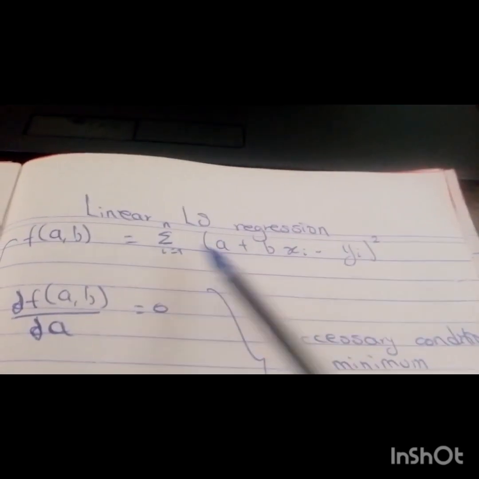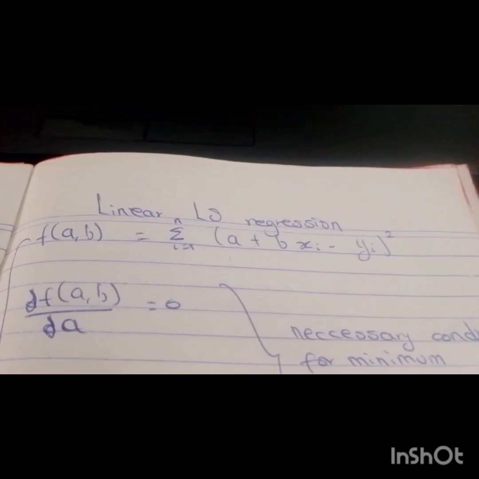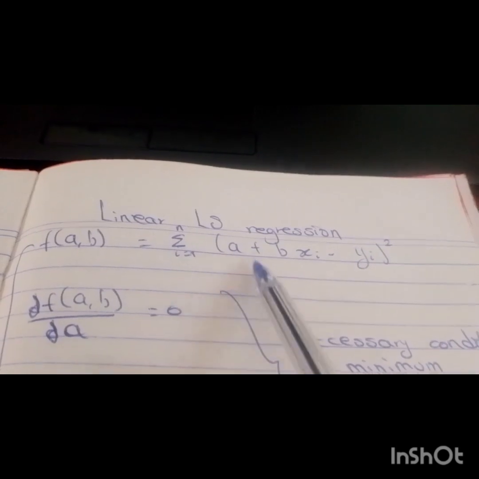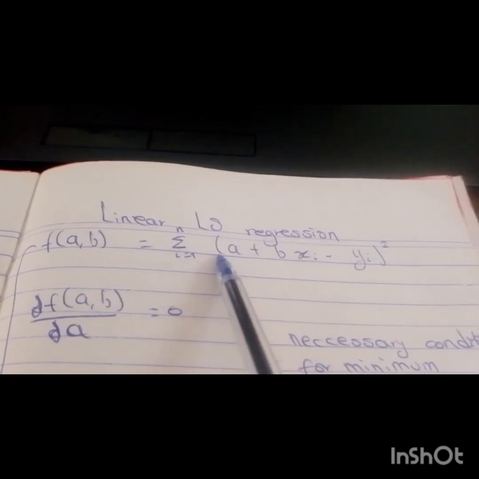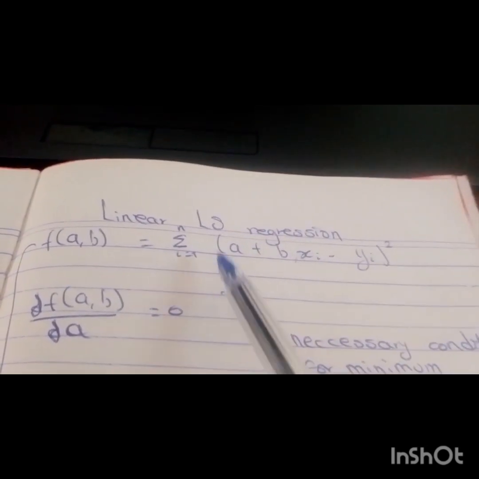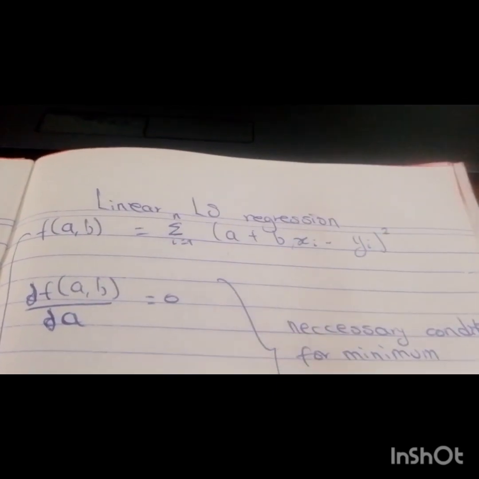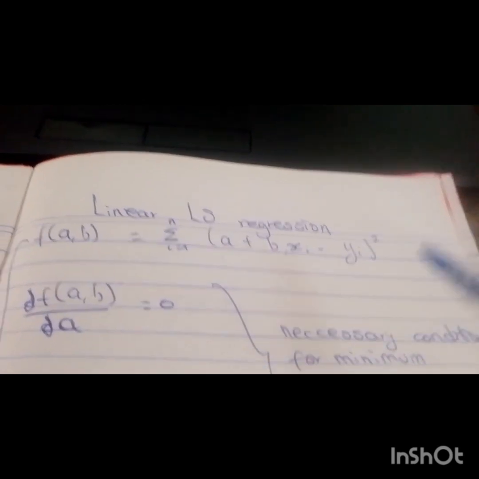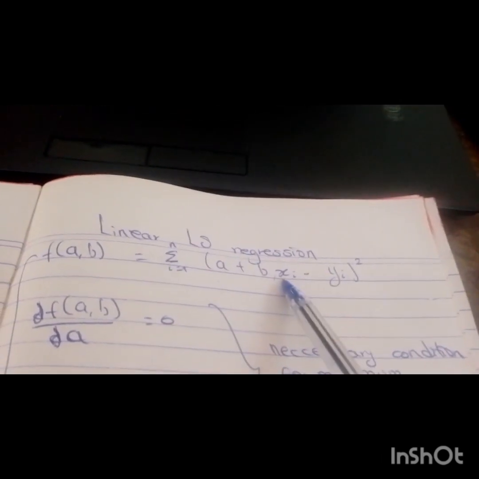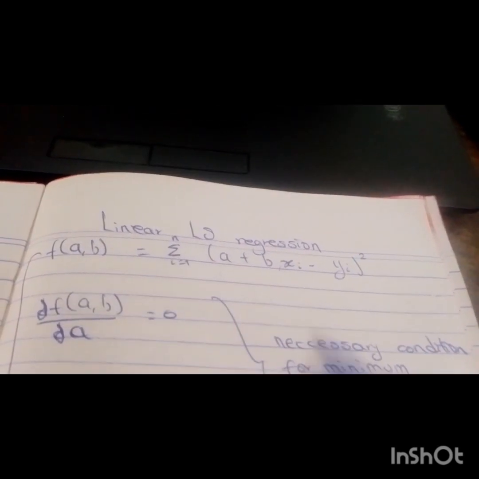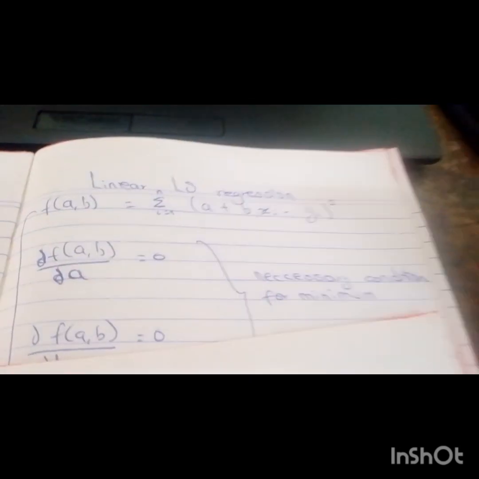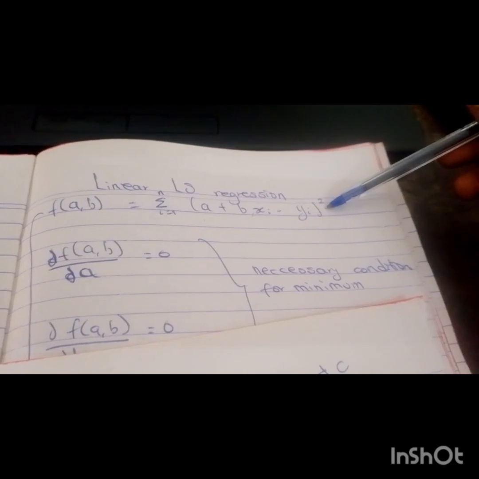If we are going to do least square regression for linear data, then a plus bx is the same thing as bx plus a, right? It still looks like mx plus c minus yi. So we are trying to do a summation. We are adding a particular set of points. Since we have a data set, we are taking the square of that.